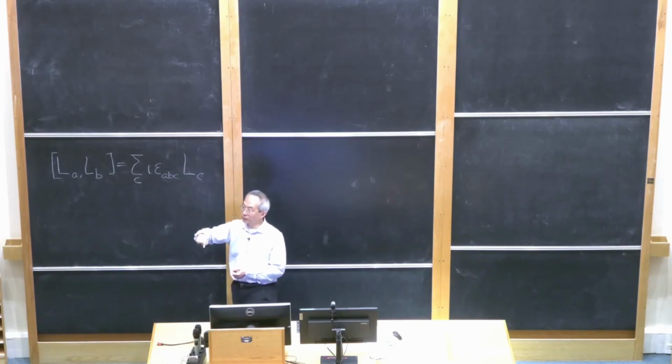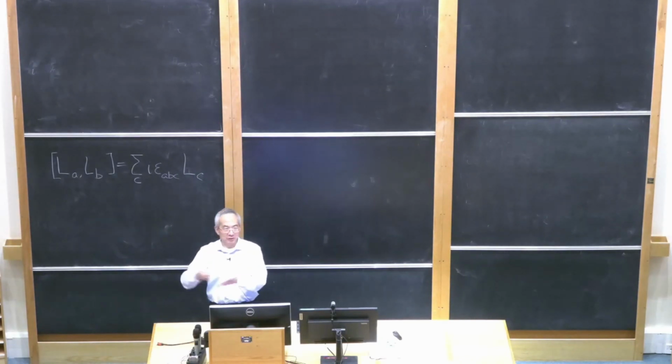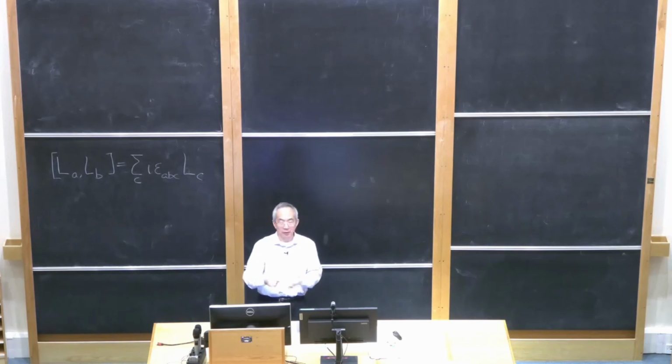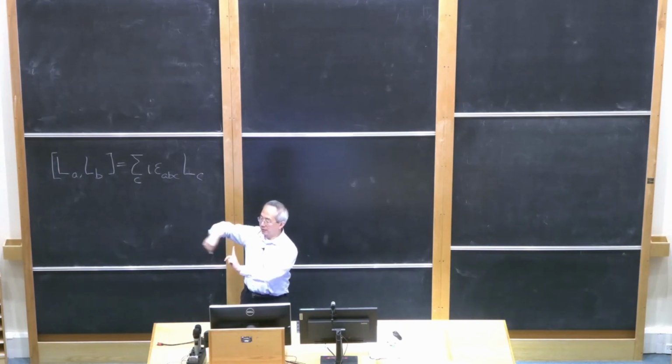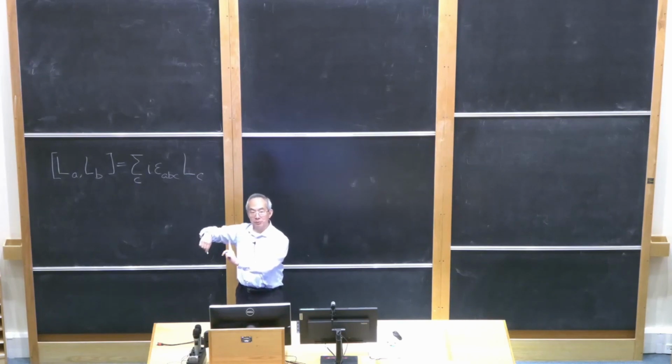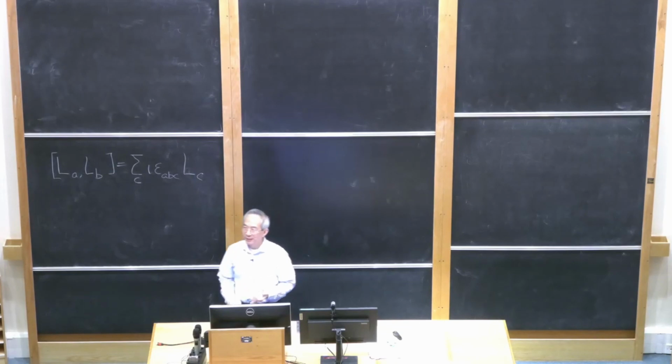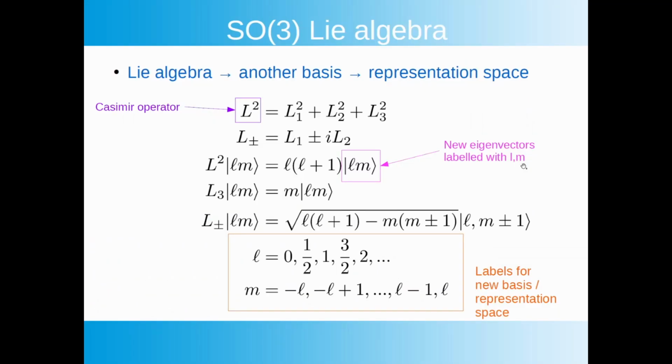For just a plain old vector, you would have to rotate around the axis by 2π in order to get back to the original state. But for other things, like rank 2 symmetric tensors, if you rotated through an angle of π, you would get back the original tensor. Okay, so you saw that there were various things that rotated in these different ways.